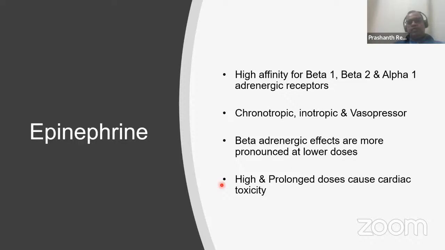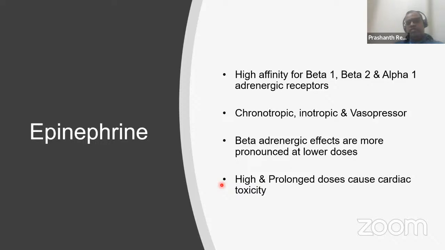Epinephrine has high affinity for beta 1, beta 2, and alpha 1 receptors. It has chronotropic, inotropic, and vasopressor activity. The beta adrenergic activities are comparatively much more pronounced at lower doses.